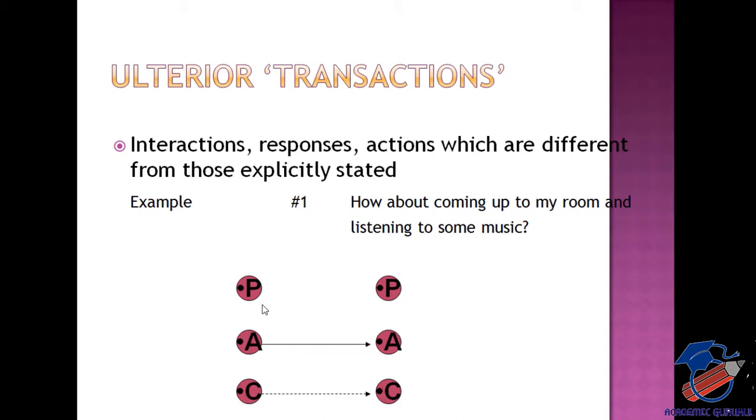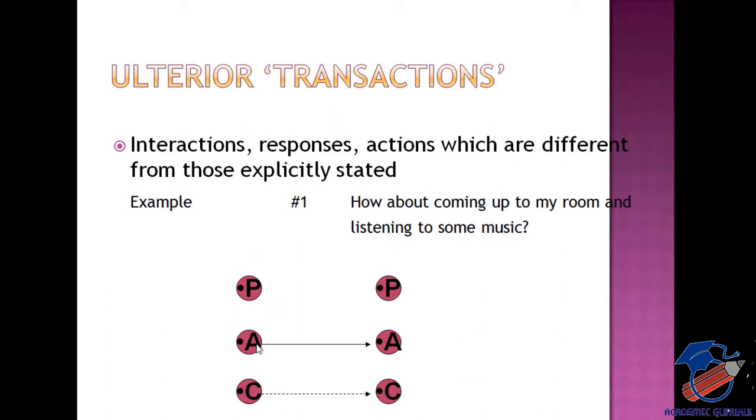The ulterior transaction, these are the most confusing sort of transaction. These are transactions where a verbal conversation occurs in parallel with an unspoken psychological transaction. And two or more ego states are involved. One controls the body, the other ego state is operating in the background. So what is happening?